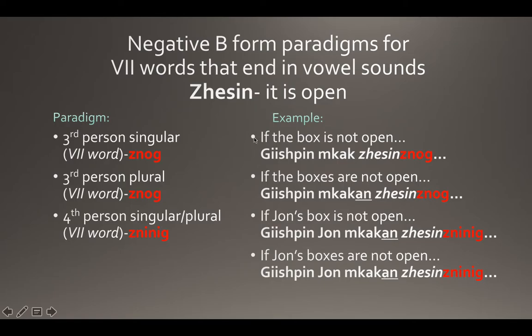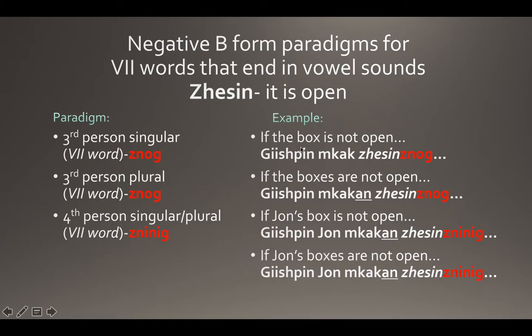So again, we're using the same grammar pattern, if, using the same noun as before, box, but we're changing the verb. So last time we used full, now we're using open. So we got gishbin here is our B form grammar pattern.